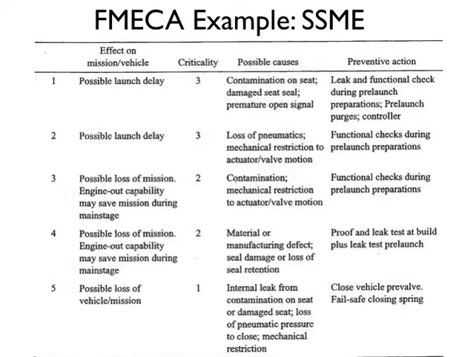The other thing I'll mention about this example, this is maybe a slightly odd thing to point out, but if I were doing this example, I would probably organize the FMECA a little differently. I don't know that I would have the causes toward the end. I think that that's a little bit out of order.